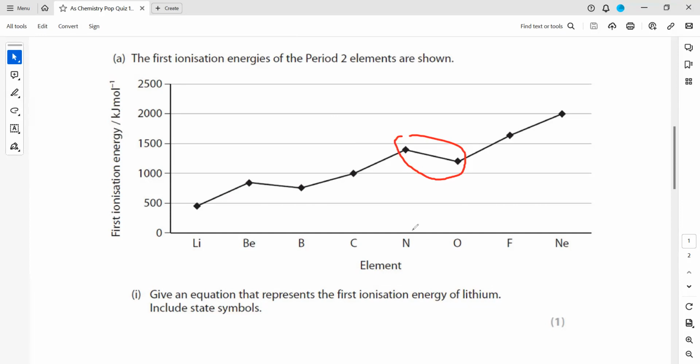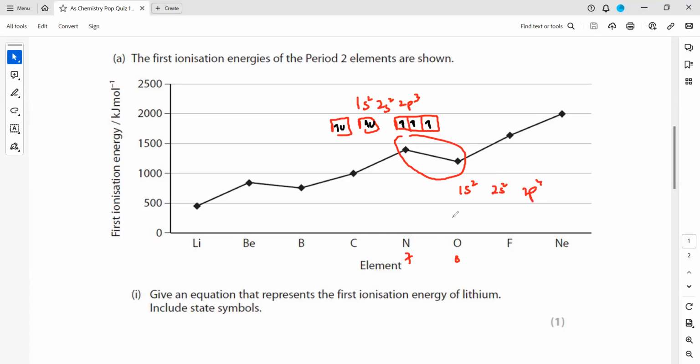When we write the electronic configuration for nitrogen, it is 1s2, 2s2, 2p3. When I show the electrons in a box model, in a p orbital they will occupy singly first. But in the case of oxygen, which is 8, the electronic configuration is 1s2, 2s2, 2p4.